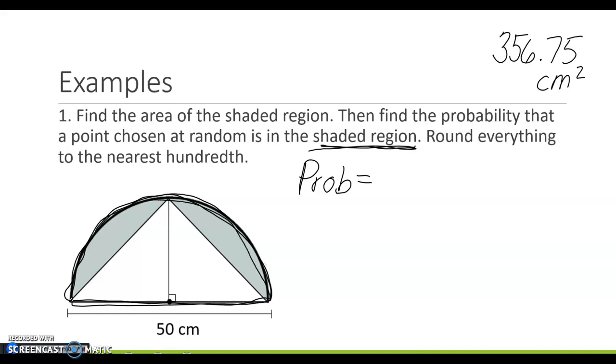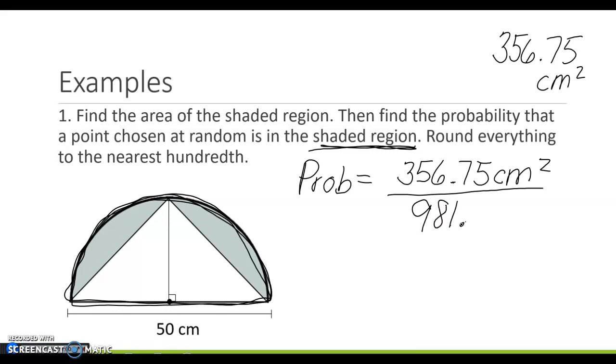Okay, so area of the region we want, 356.75 square centimeters over the area of the entire shape, which is just the semicircle, which we found was 981.75 square centimeters. Notice that the units simplify off and probability doesn't really have a unit to it.